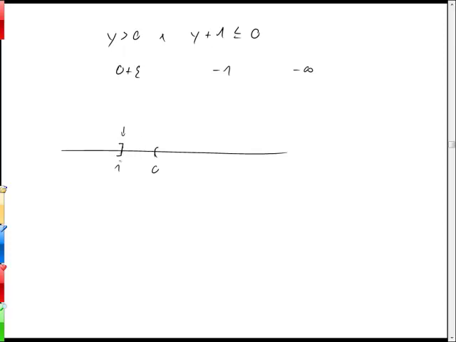Usually you could always make it strict instead of weak, and then you have to consider, of course, minus infinity for this one. Then you have minus 1 plus epsilon for that one. And then for this one, finally, 0 plus epsilon. And, of course, for the things in between 0 and minus 1. So this would be the straightforward approach.